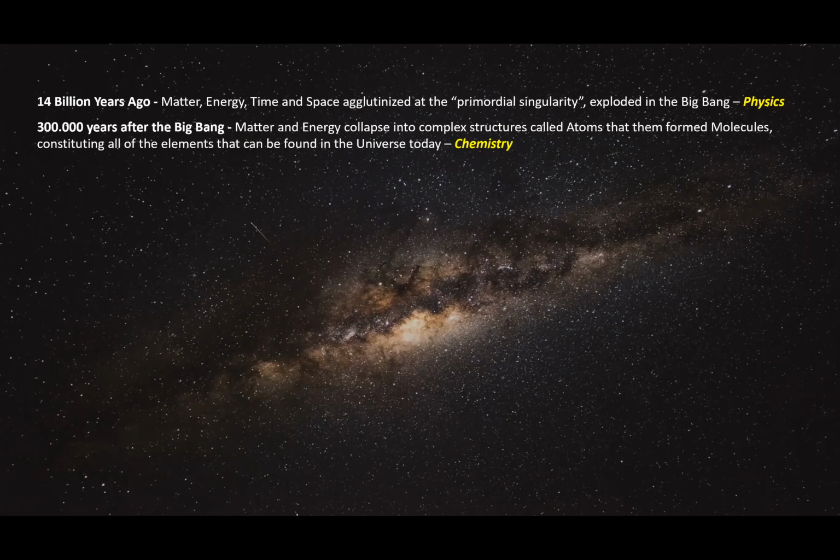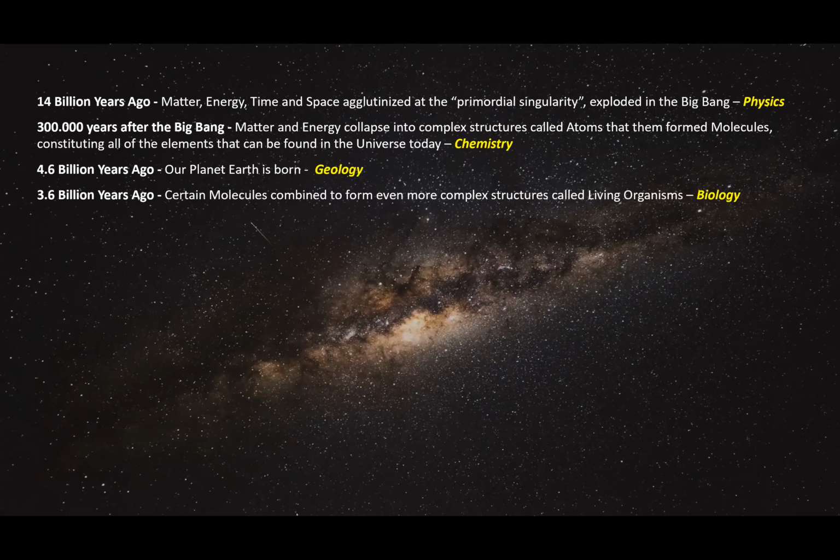About 300,000 years after the Big Bang, those elements started to form. And we know this through physics. And about 4.6 billion years ago, our planet was formed. And we know that thanks to geology. And 3.6 billion years ago, certain molecules that were floating in the primitive ocean started to behave differently.